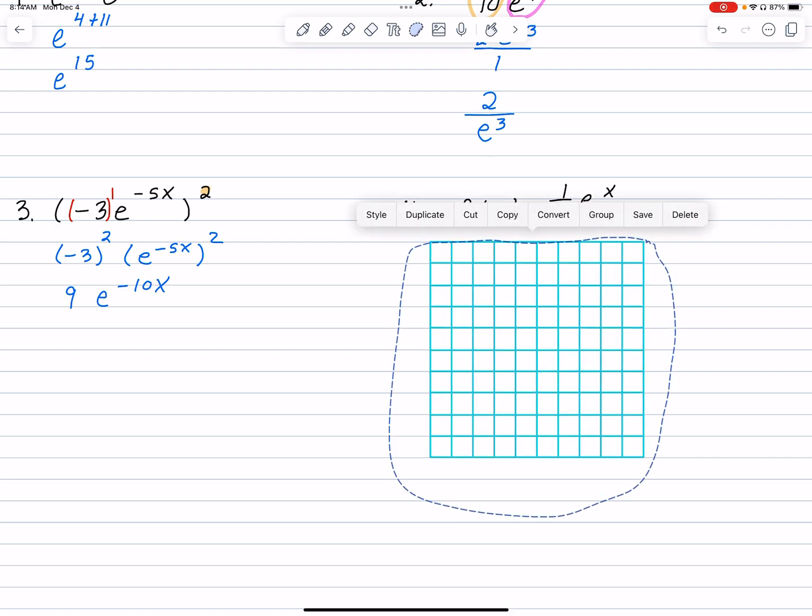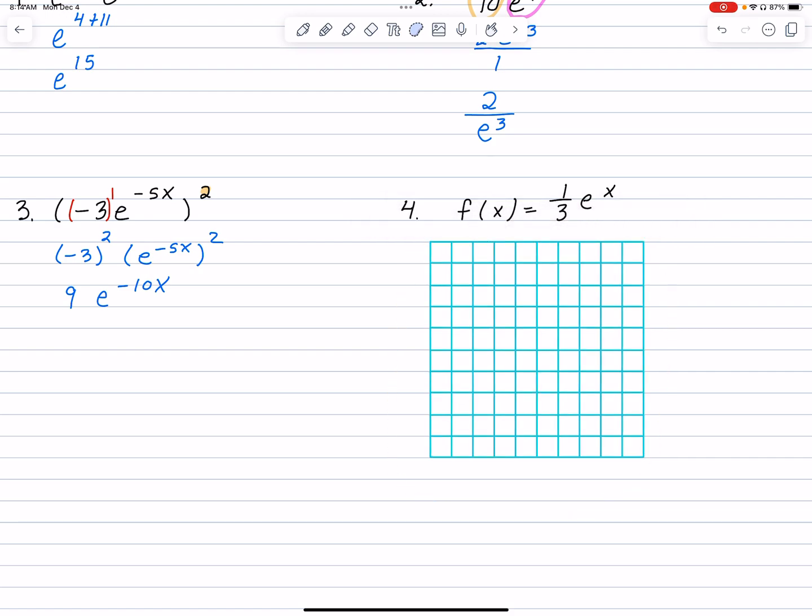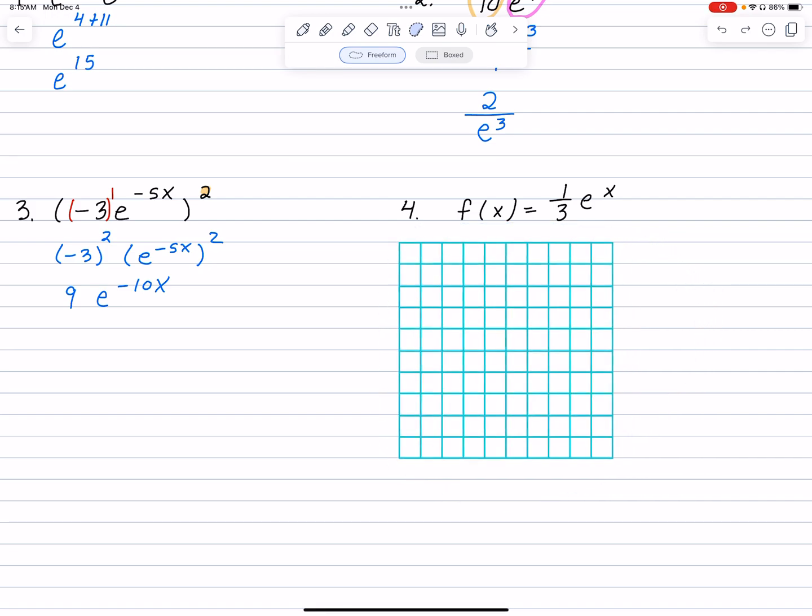So for this one, basically it just comes down to the fact that you'll be making a table. There isn't a lot more to it than that. For your table, I'm going to move this graph over just a little bit.